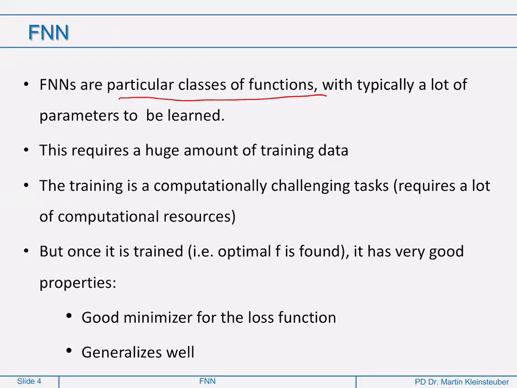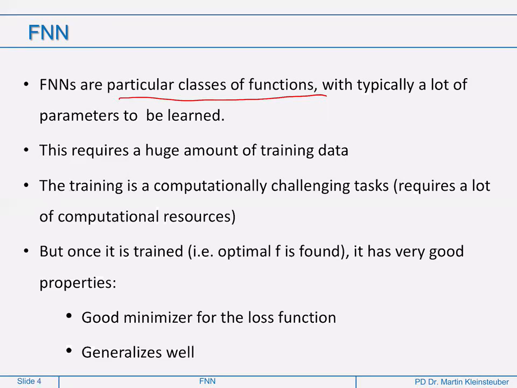This requires a huge amount of training data. I say something on the general level before I go into the details. The training is computationally very challenging. You have a lot of weights in your function f that you need to learn in order to determine the best function f, so it requires a lot of computational resources.